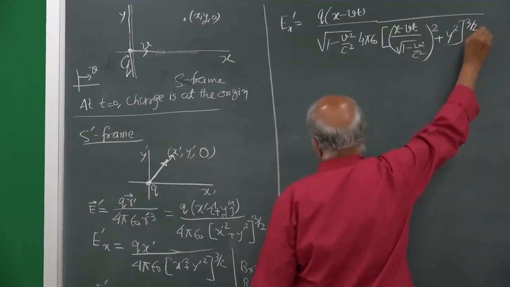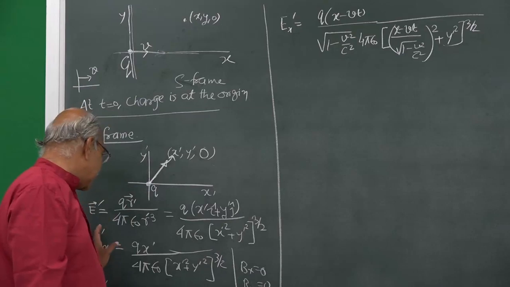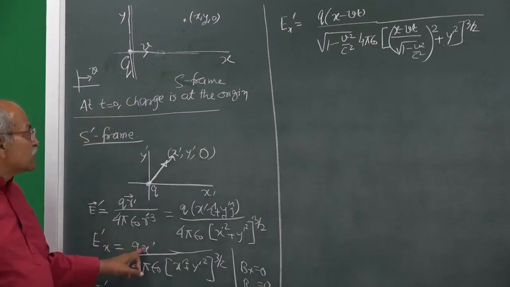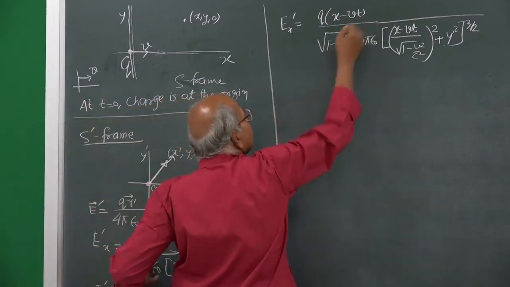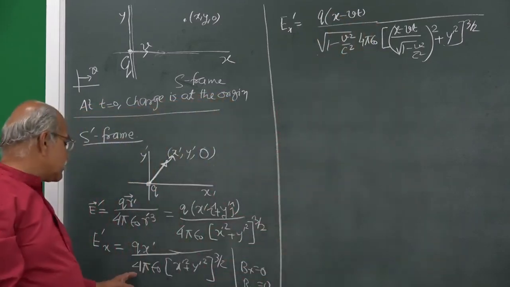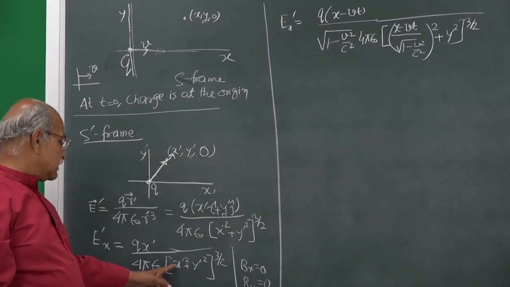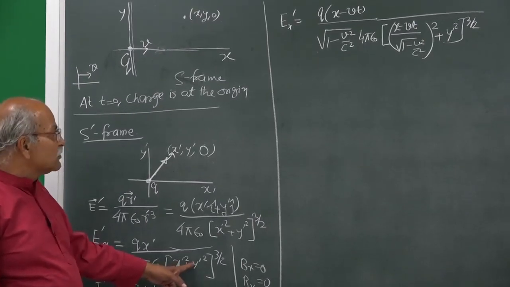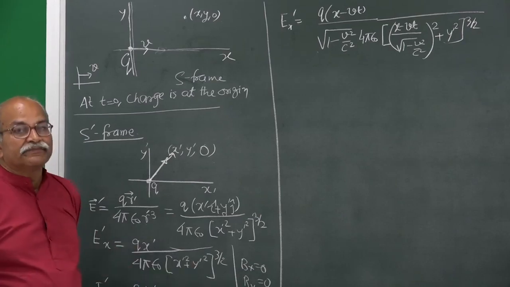power 3 by 2. So, I have written Ex prime, this q, then x prime. For x prime I have written this whole thing divided by 4 pi epsilon naught. Then for this x prime also I have written the same expression plus y prime is equal to y and then power 3 by 2.